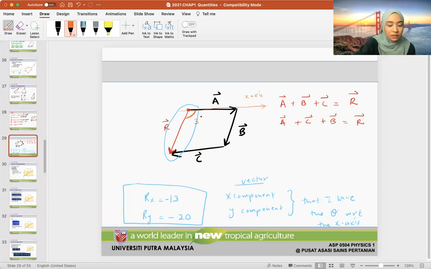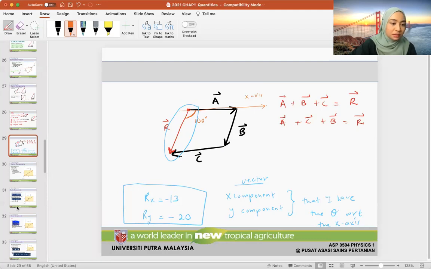It's not going to be 30, it's greater than 90. Can't think, it's afternoon, let's say 100 degrees. So provided that I have this angle, I can work out what Rx is and what Ry is. So how do I do that?